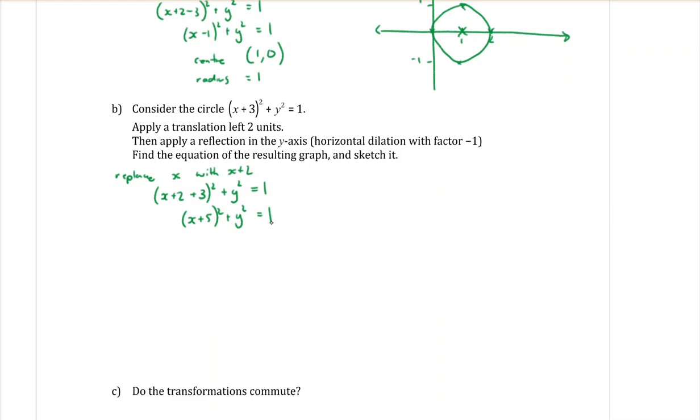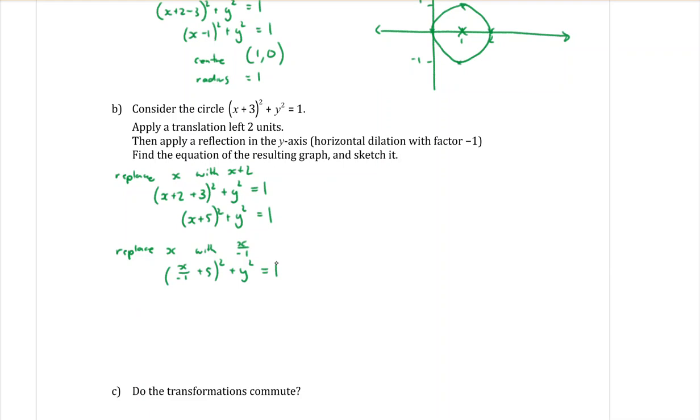The second step says, then apply a reflection in the y-axis, which is our horizontal dilation with a factor of -1, which means I want to replace the x with x over -1, or -x, which would be x over -1 plus 5 in brackets squared plus y squared equals 1.